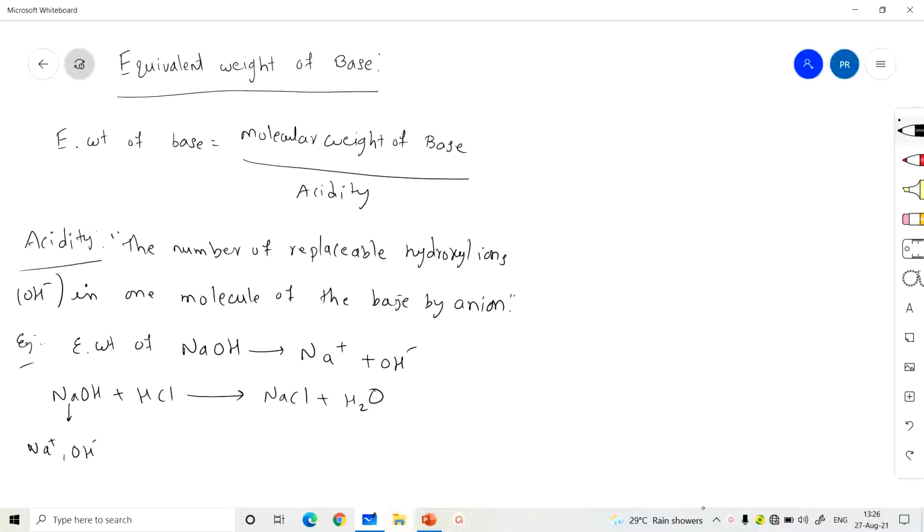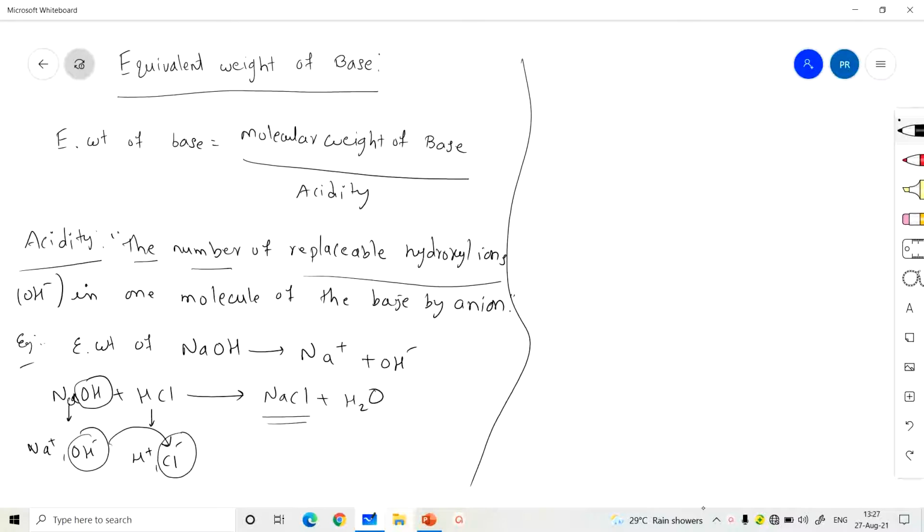Here we have the ions Na plus, OH minus, and H plus, Cl minus. The OH minus ions are replaced by Cl minus anion. By the definition, the number of replaceable hydroxyl ions in one molecule of the base by anion: here one anion is replaced by another anion, leading to the formation of NaCl.